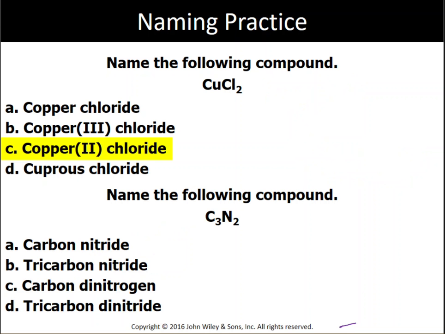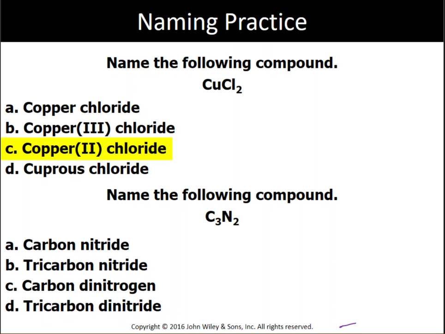So let's look at another example, C3N2. This is a binary compound because it's only composed of carbon and nitrogen. Now, is this binary molecular or binary ionic? It's a molecular compound because carbon is a nonmetal, nitrogen is a nonmetal too. So in order to name this, you've got to use prefixes.